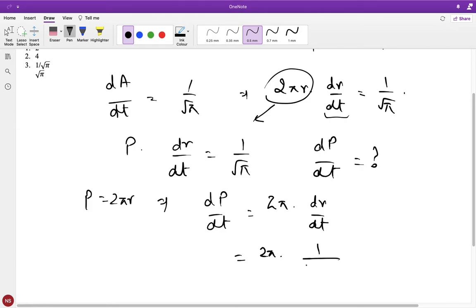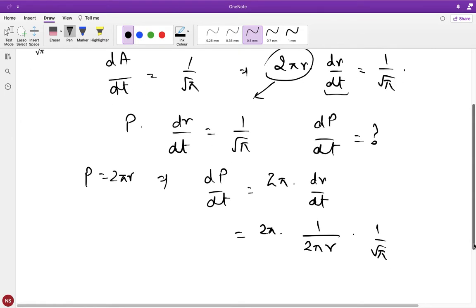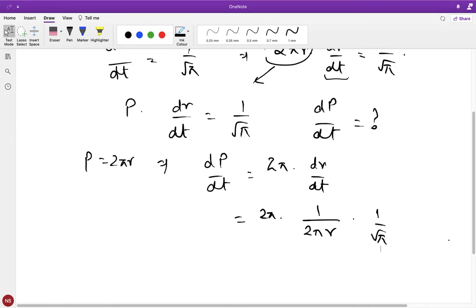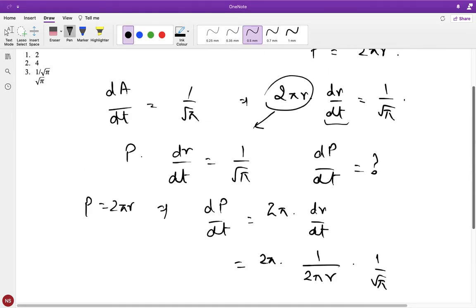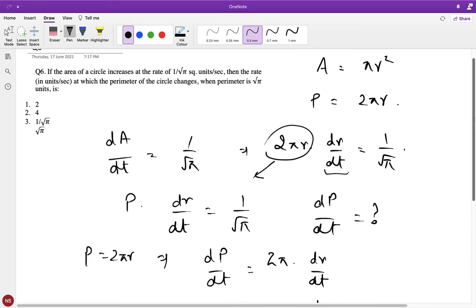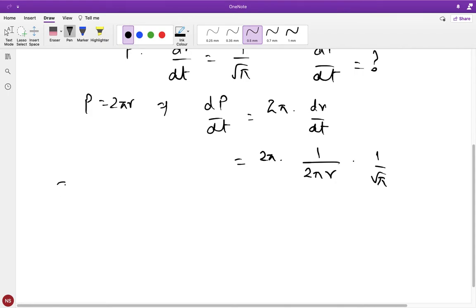It is also given that the perimeter is root pi at that point of time. So this means 1 by 2 pi r is what? 1 by root pi. Right? If 2 pi r is root pi, then 1 by 2 pi r is 1 by root pi.